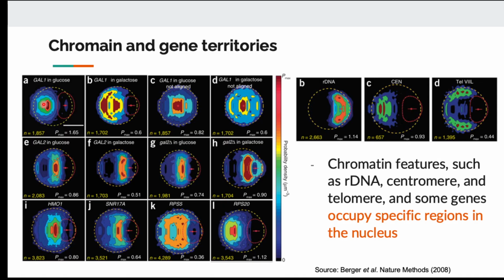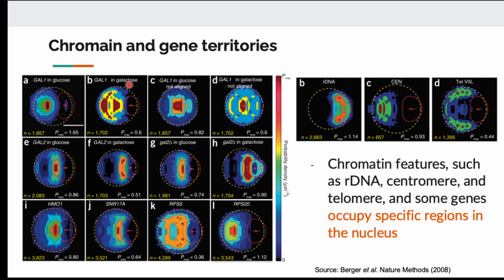In some cells, GAL1 might be on the top, some on the bottom, some on the left, some on the right. But they found that if we fix the location of the centromere as a frame of reference, the location of GAL1 is pretty deterministic. It's localized near the same coordinate of the centromere in glucose condition.